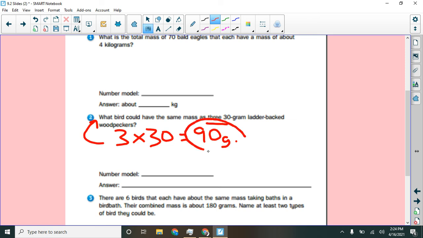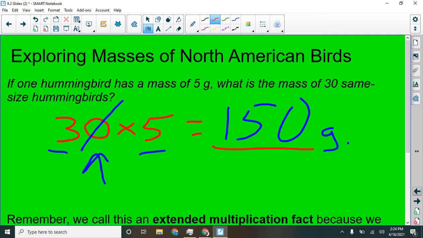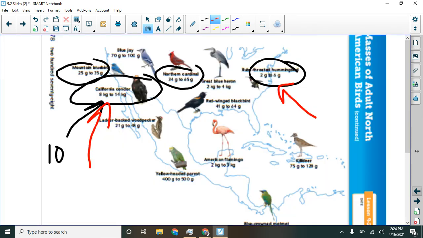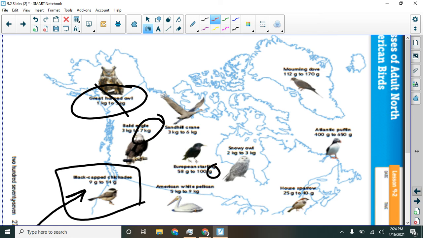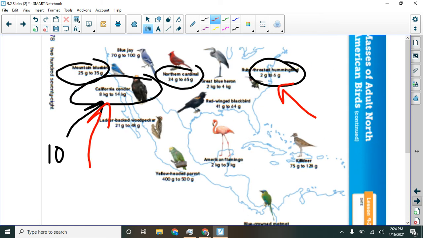So we're going to go to the map and find a bird that could be 90 grams. So let's do some searching. You can search here and you can search here for a bird that could be 90 grams. What bird could be that measurement?